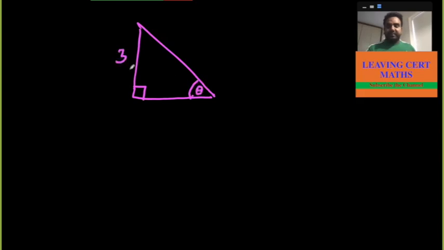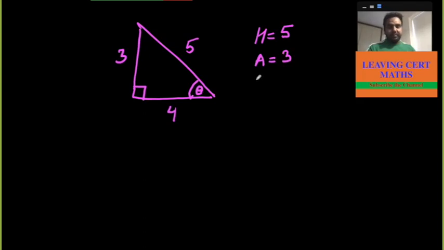No, not this triangle. I'm taking another triangle. Let's say this is your theta. This is 3, this is 4, this is 5. Now tell me what is the hypotenuse. Is it 5? Okay, what is your adjacent? 3.